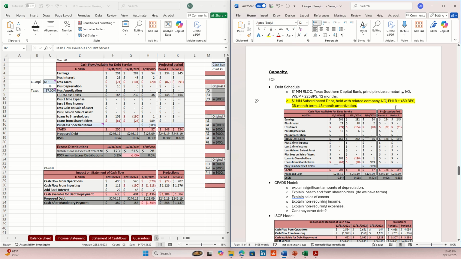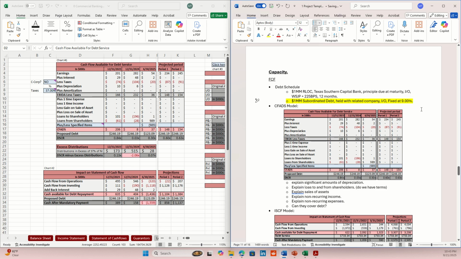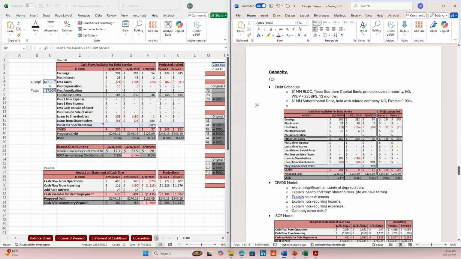Now you can type what I did, where I typed I/O, which means interest only, or you can type interest only and spell it out. So we're going to say fixed at 9%. There is no term or amortization on it, so we can do that. Remember, when they subordinated the loan, they agreed that they will not amortize this debt, which means they won't be repaid.